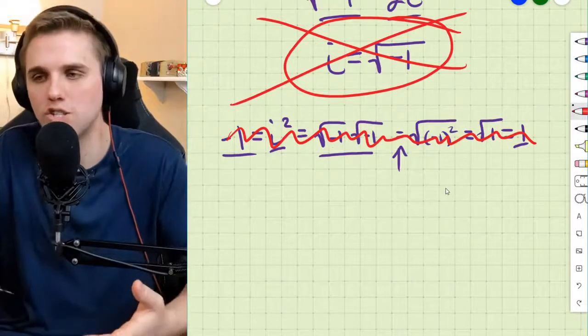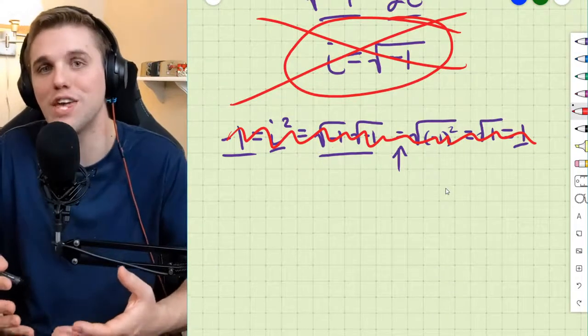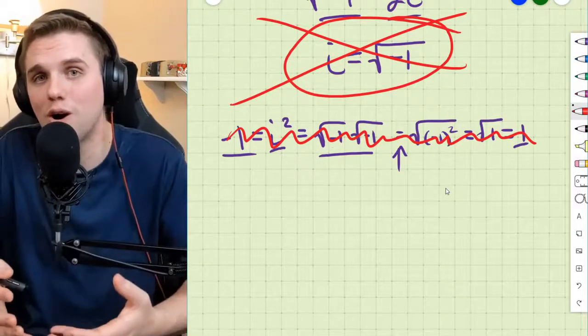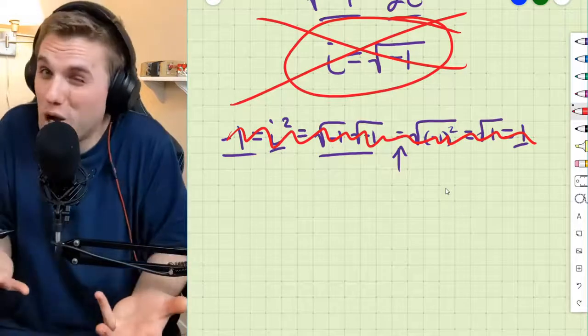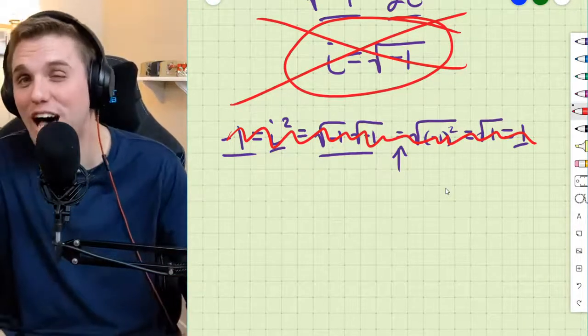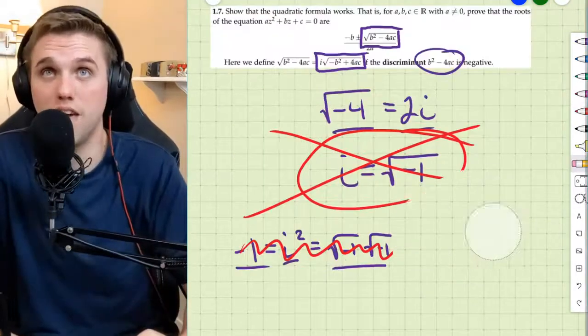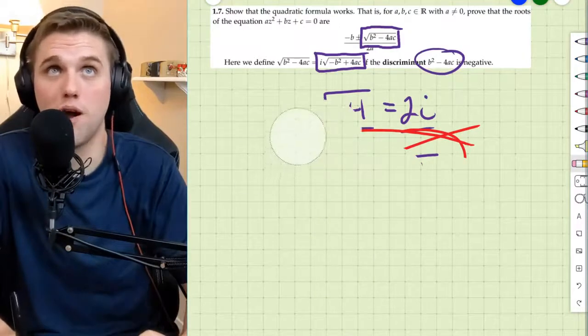Those two things are equally confusing. If you think one is more confusing than the other, then you are brainwashed, I guess. You've been convinced of a lie. You've been deceived. That's okay though, because we're not going to run into this problem.